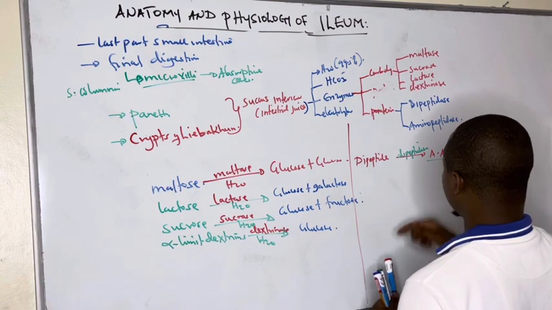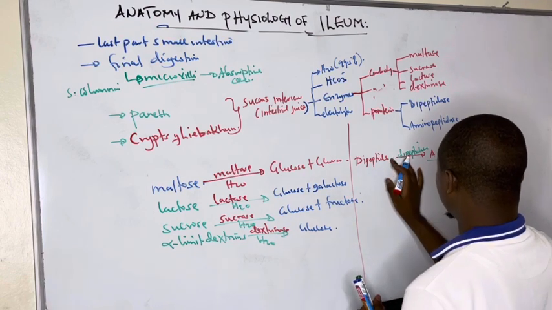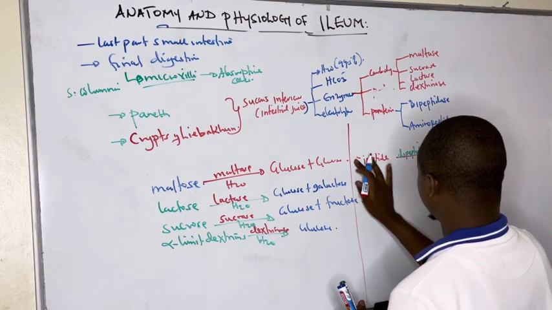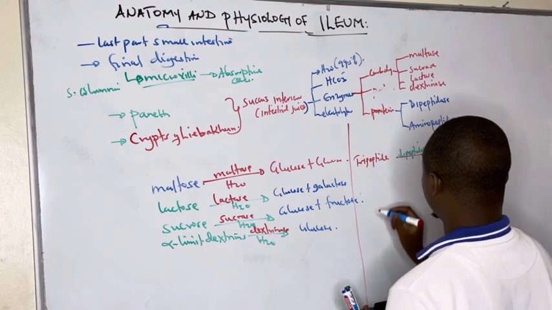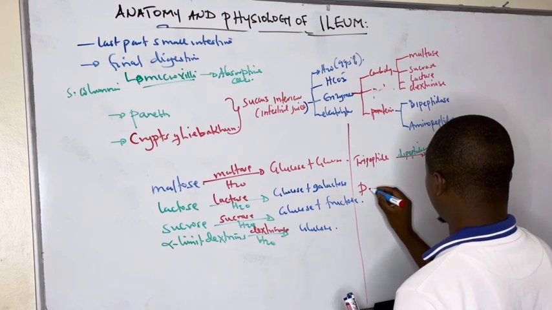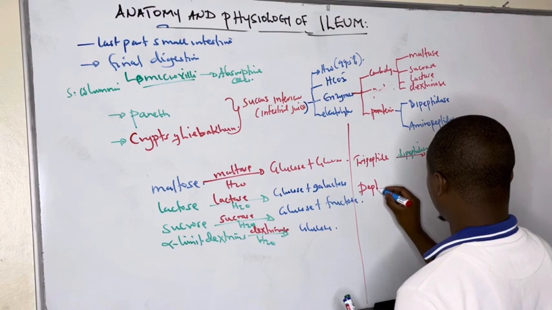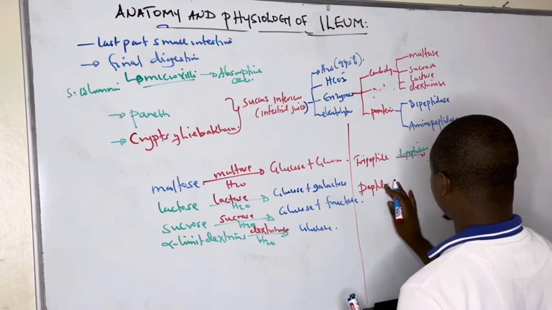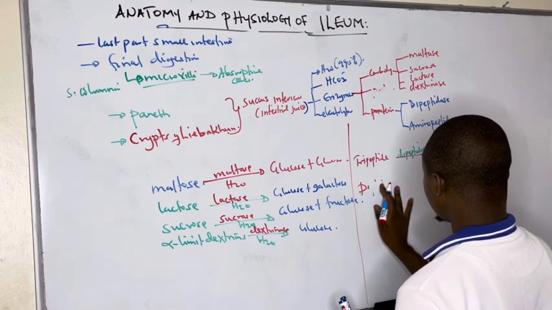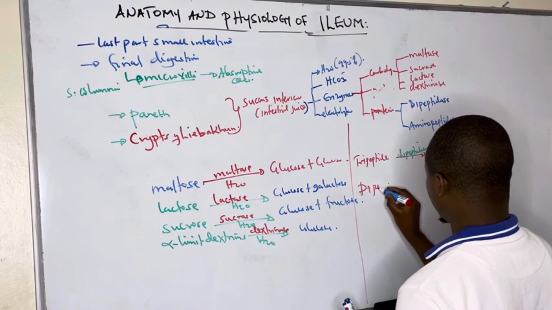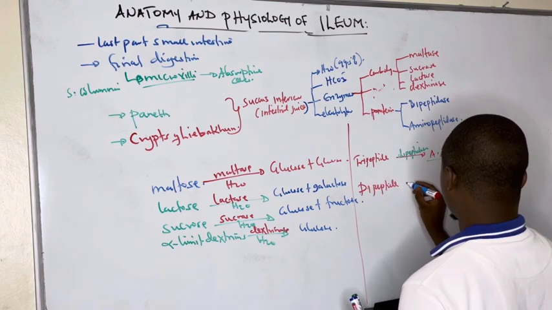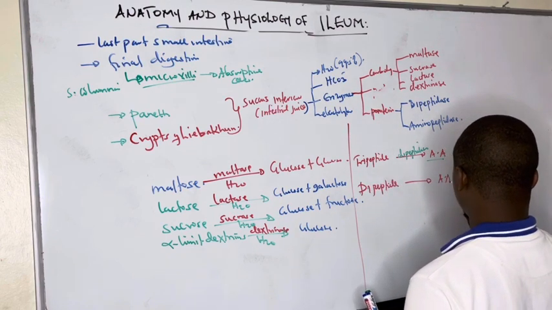now this dipeptidase does not work on dipeptides, but works on the tripeptides. Then the aminopeptidase cleaves the final products, the dipeptides, to amino acids.